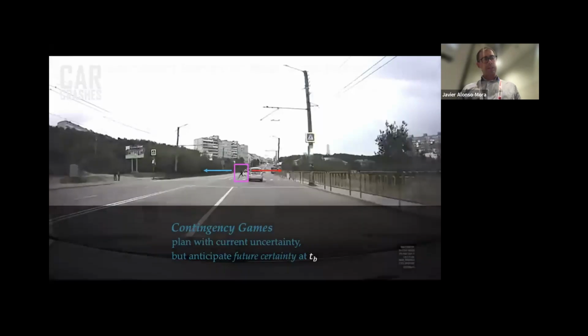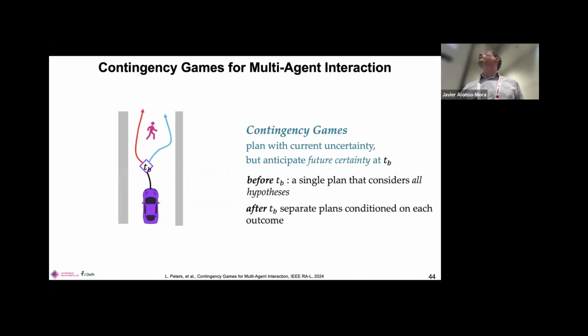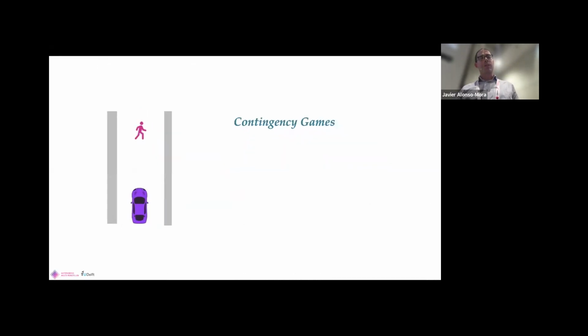Basically the way it works is that you will have one trajectory before that branching time, TB, and that one needs to be consistent for all possible futures. And then after that branching time, you will have separate plans that you compute for each hypothesis. So you will have one plan for avoiding on the right and one for avoiding on the left, and this needs to be consistent.